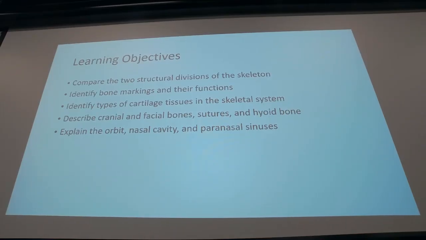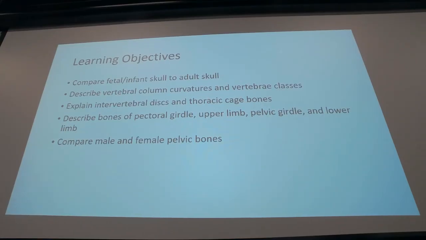Also, we're going to review again the types of cartilage that we have, and we're going to start seeing individual bones, their names, their markings, their location, and their correlation with other bones, including facial bones, cranial bones, bones of the orbit, nasal cavity, paranasal sinuses.